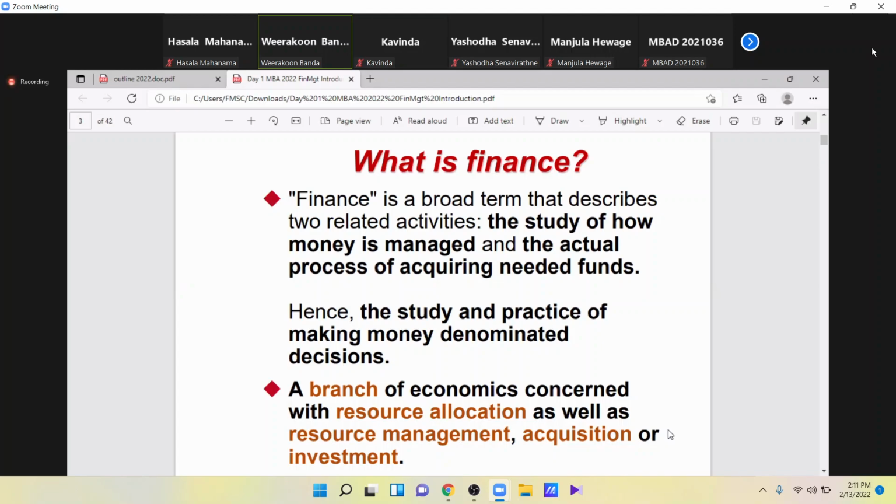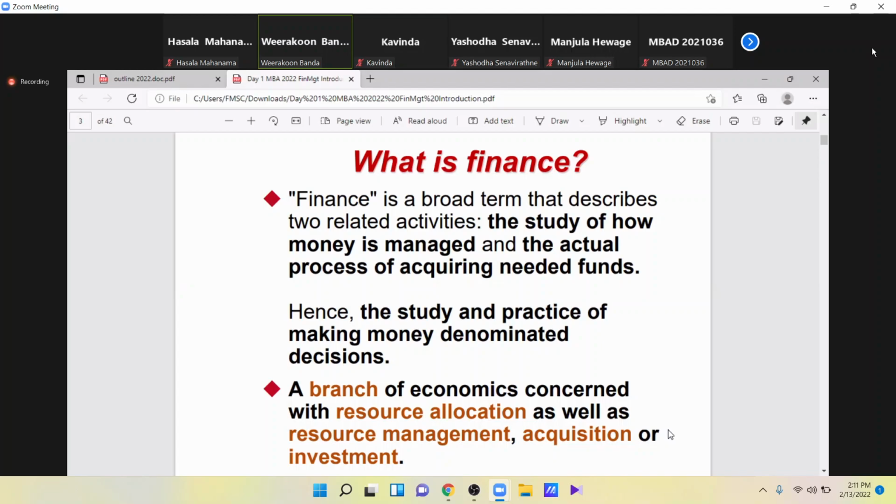Hence, the study and practice of money-denominated decisions, making money-based decisions, is finance. It is a branch of economics concerned with resource allocation as well as resource management, acquisitions or investments.